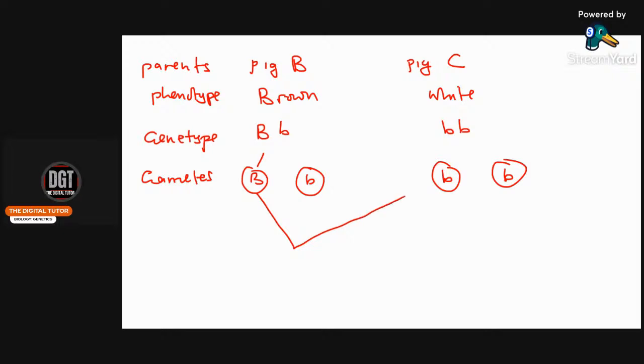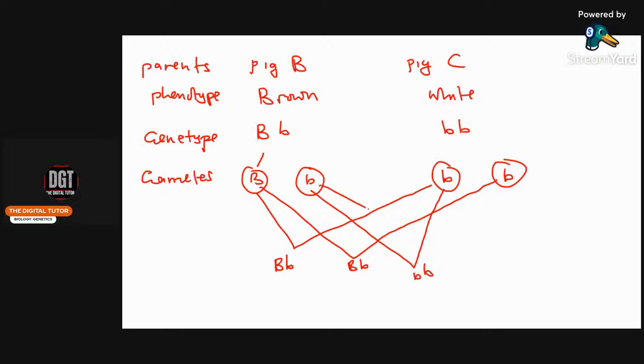Fertilization takes place now. We are going to have B. We are going to have what? B. We are going to have what? B. We are going to have what? B. This is 50-50, 1 to 1.